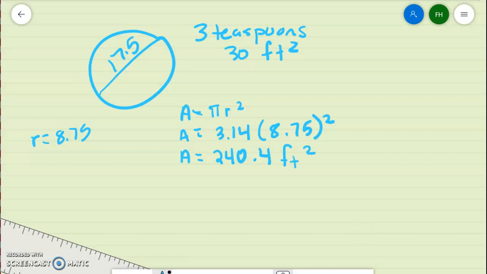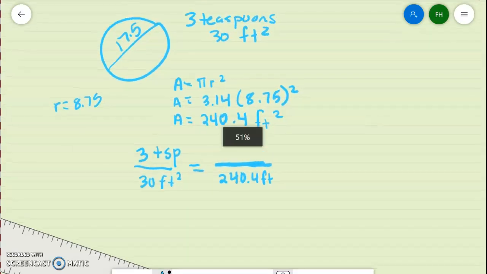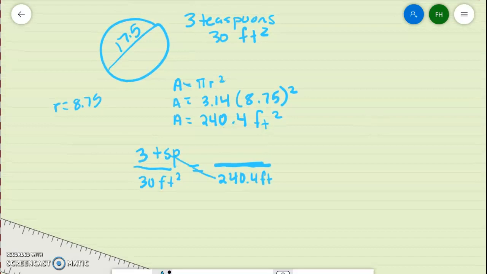So we'll set it up as a proportion. We need 3 teaspoons for every 30 square feet, and we have 240.4 square feet. So how many teaspoons would we need? We're going to multiply and multiply.